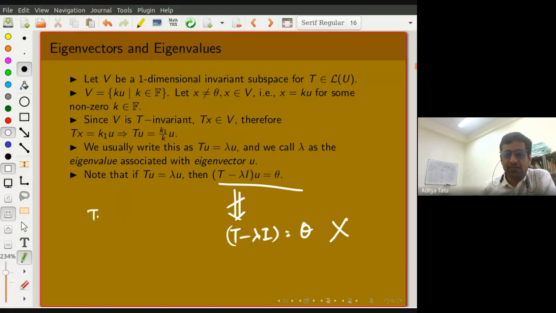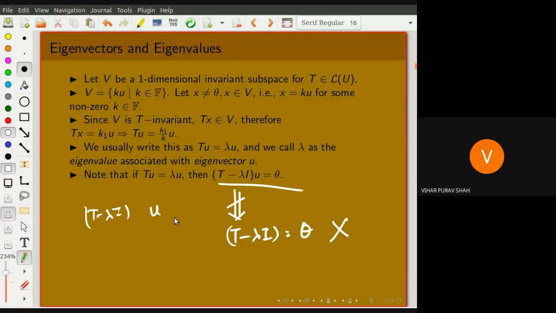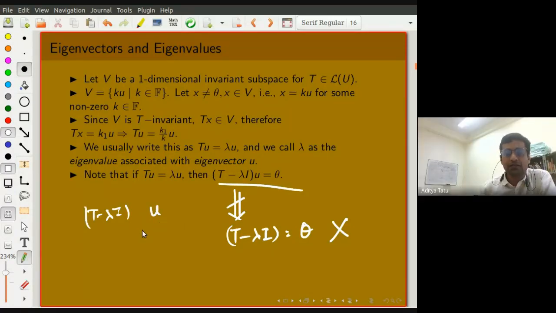T minus lambda I and u, they don't belong to some field. If they were elements of some field, then if the product of them is 0, you can sort of say one of them has to be 0. These belong to two completely different vector spaces, by the way. So this is not right.